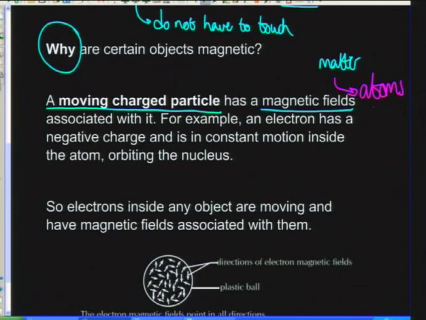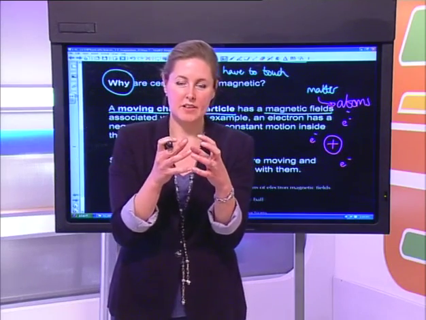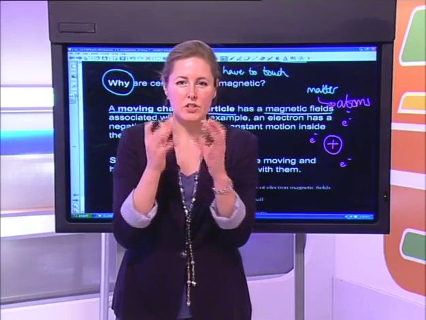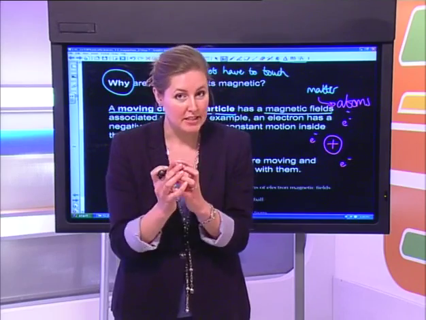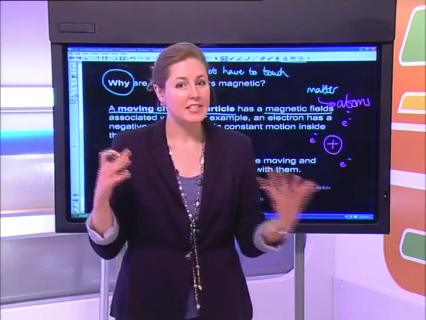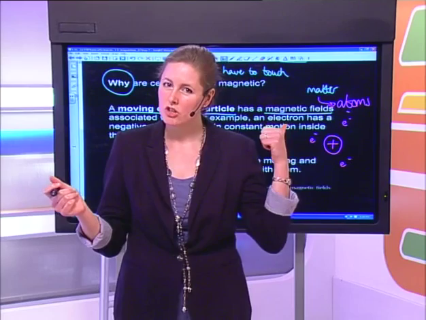Those atoms have, and I'm going to have to draw it down here, a positive nucleus surrounded by electrons that are able to spin around that positively charged nucleus. So the focus here is that all matter is made up of atoms, and therefore is going to have electrons, which are charged particles.